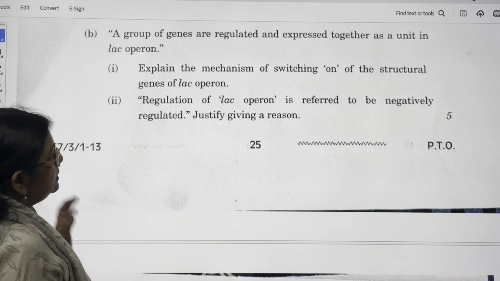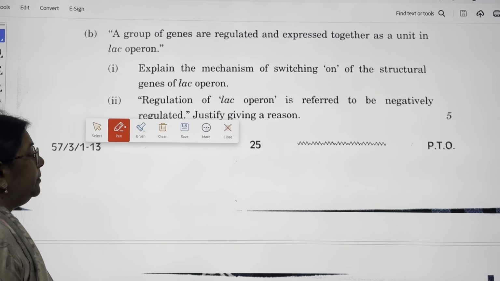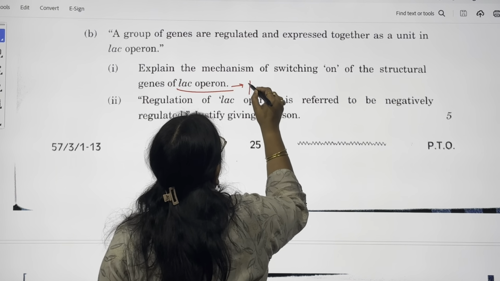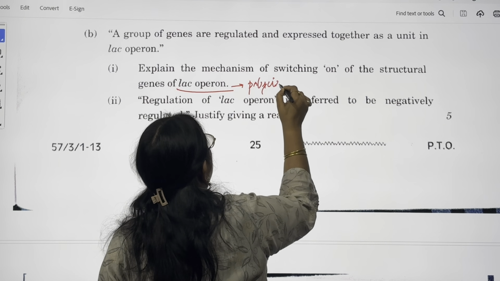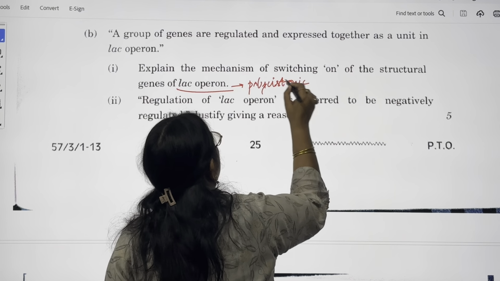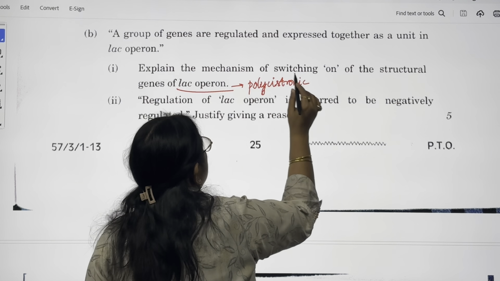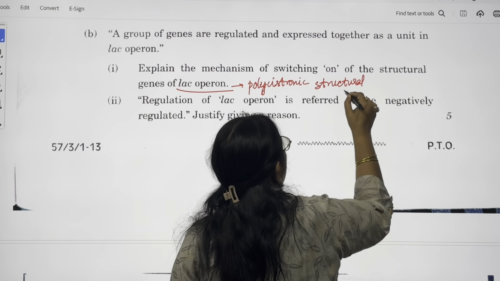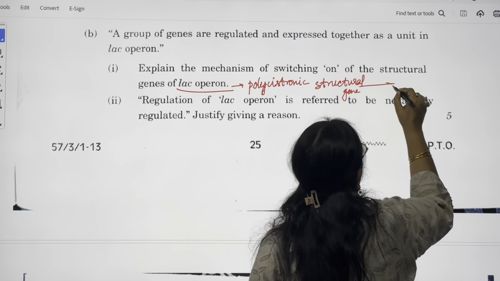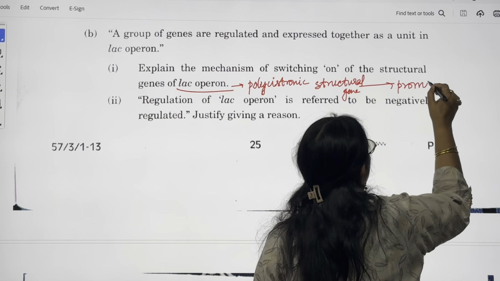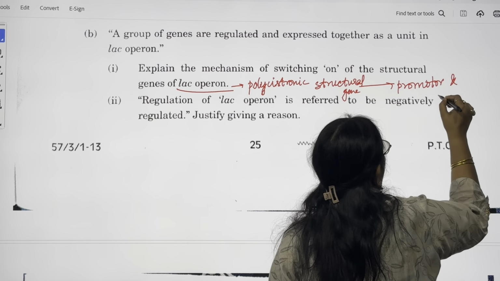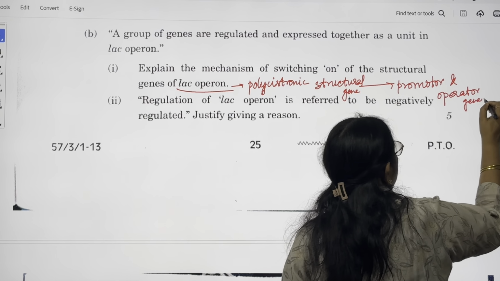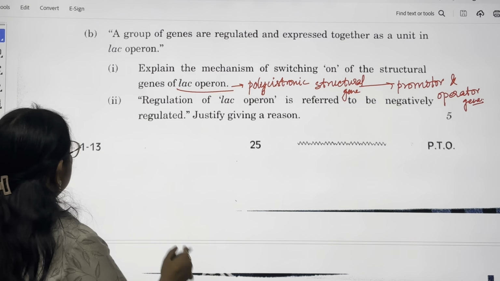Explain the mechanism of switching on of the structural genes of lac operon. Lac operon is a polycistronic structural gene which is regulated by a common promoter and operator gene. So let us see the diagram of this.